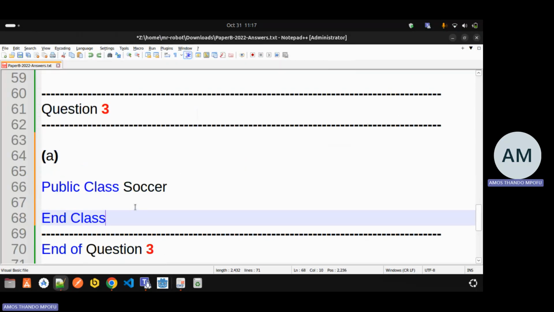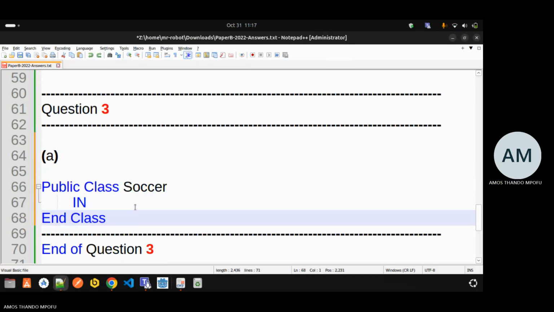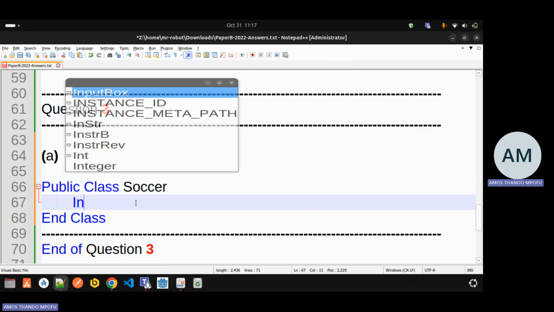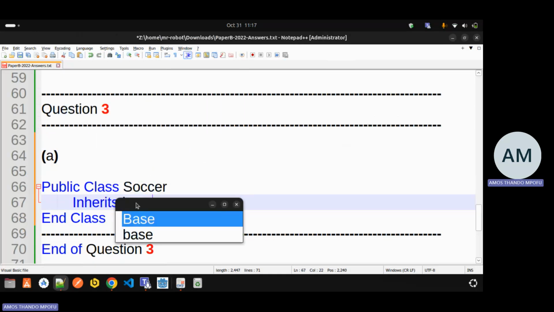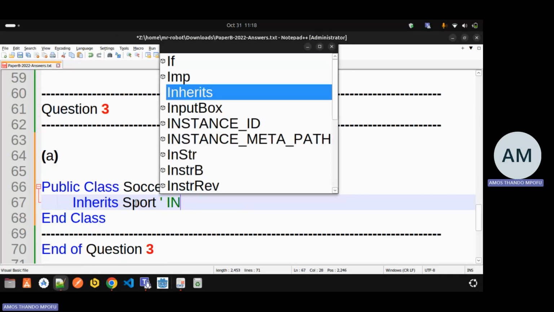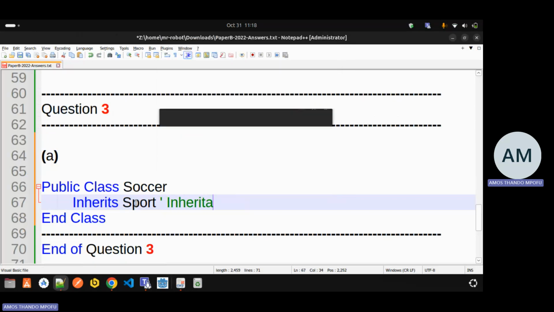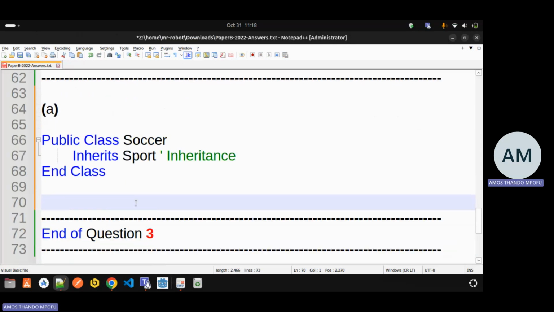To denote inheritance, I use the keyword Inherits, followed by the base class. The base class is Sport. So here is the actual inheritance.